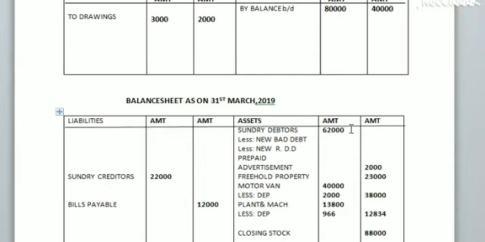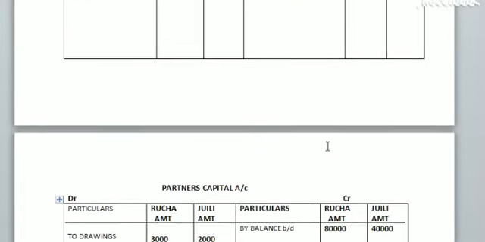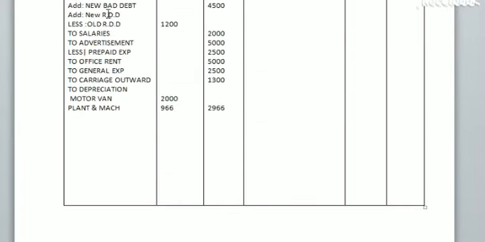So here we'll put dash, and now from 62,000 we are going to calculate 5%, that is 3,100. We will minus this and bring the amount in outer column here. So the amount is 58,900, and the second effect of your new RDD will come here in your new RDD.